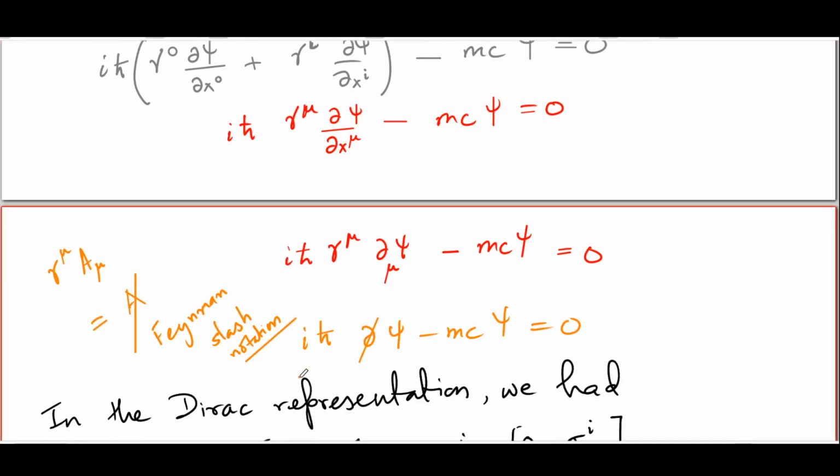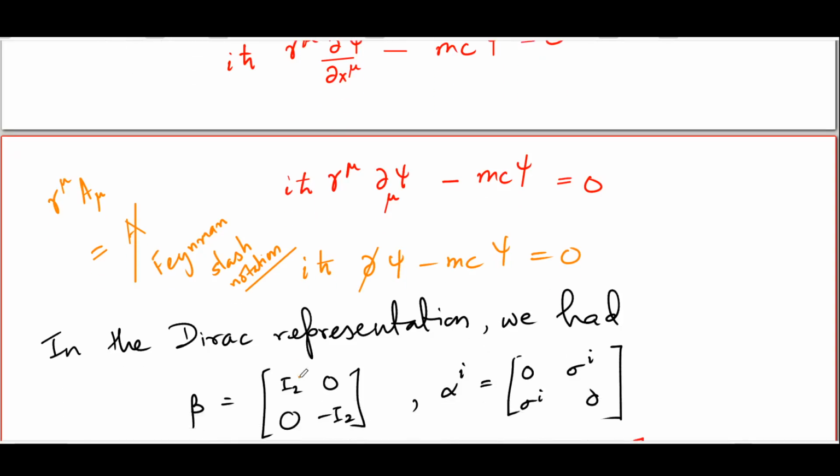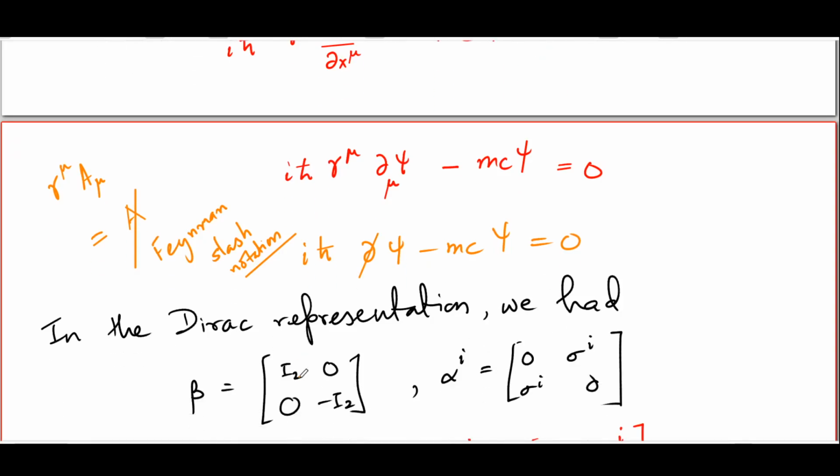We have already seen an explicit form for the beta and the alpha matrices in the Dirac representation, where beta was this diagonal matrix with 1, 1, minus 1, minus 1 down the diagonal, written in 2 by 2 block form as identity sitting on the top corner and minus identity on the bottom corner, and of course zeros everywhere else. And the alpha i's, the 3 alpha matrices, were also 4 by 4 matrices, written in this 2 by 2 block form as 0, sigma i, sigma i, 0.